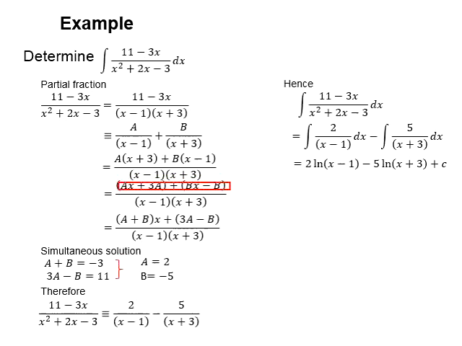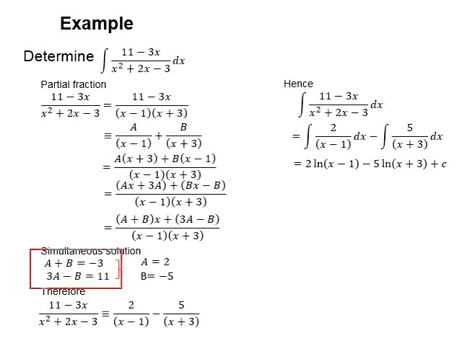Expand the expressions. Group them in terms of x and the constant number. Then you make a comparison with the function here. Based on the function here, you know that A plus B is equal to negative 3, and 3A minus B will be equal to 11.